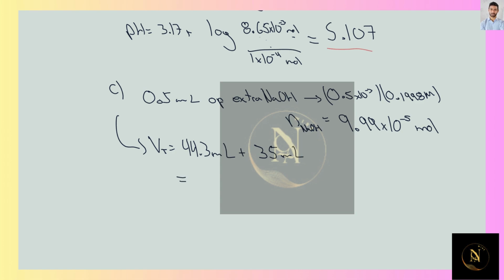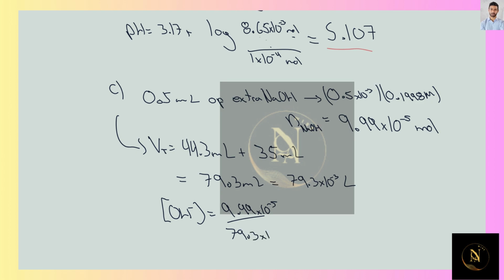This is going to give us 79.3 milliliters, which is the same as 79.3 times 10 to the minus 3 liters. This implies a concentration of OH minus equal to 9.99 times 10 to the minus 5 divided by 79.3 times 10 to the minus 3. And the result is 1.25977 times 10 to the minus 3 molar concentration.